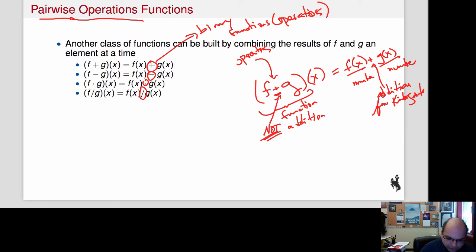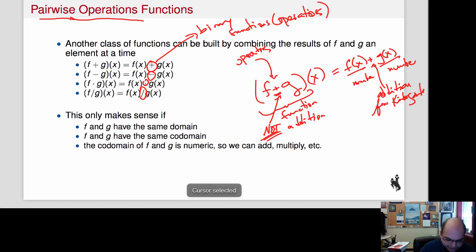Okay. So anyway, when exactly does this make sense? f and g have to have the same domain, because in order to compute f plus g of x, I need f of x and I need g of x. So they have to have those domains, right? And they have to have the same codomain, because what am I going to do with f of x and g of x? I'm going to add them, right? So they better be in the same space.